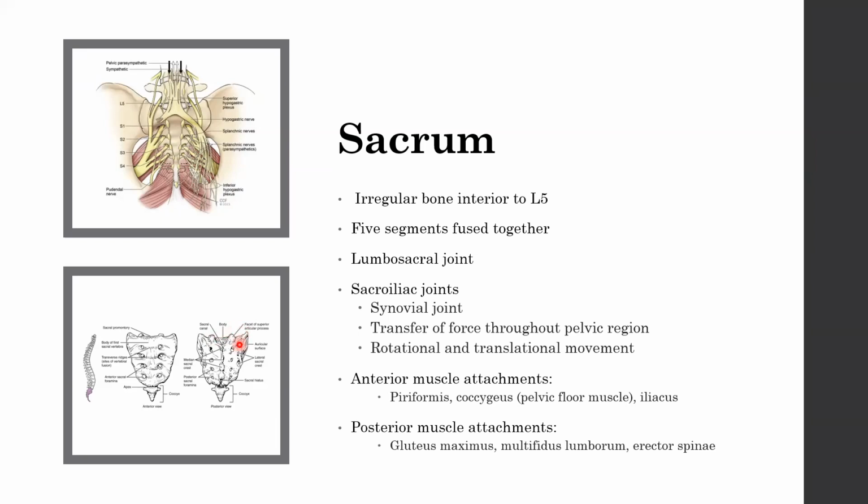Also remember the all-important sacroiliac joints, which involve stabilizing pelvic regions during rotational and translational movements. And it's incredibly important for that transfer of force, especially when we engage in weight-bearing activities.